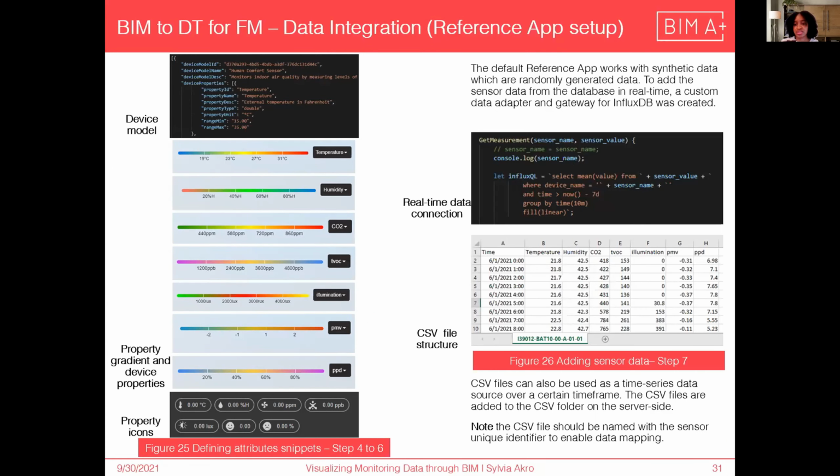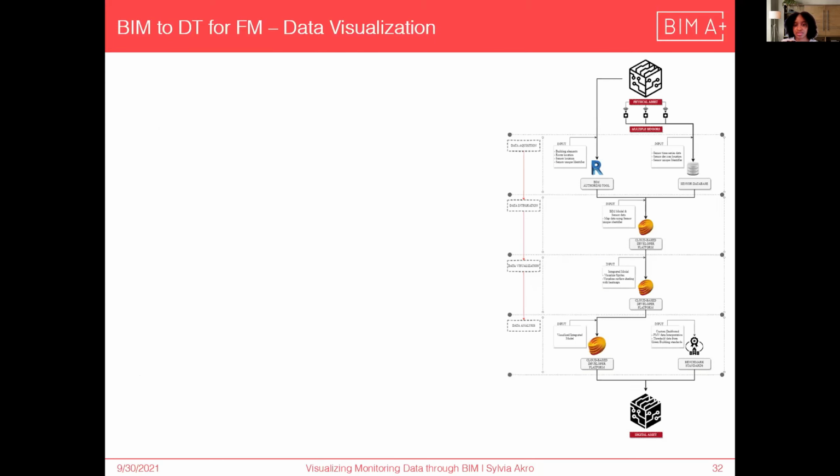To add the sensor data, it's possible to add your real-time data, which was connected through the Influx database. You can also use a CSV file to connect to your historical data. However, you have to follow certain formats for your CSV, like the naming and the heading, and the name of the CSV file has to match your sensor so it's possible to map this data.